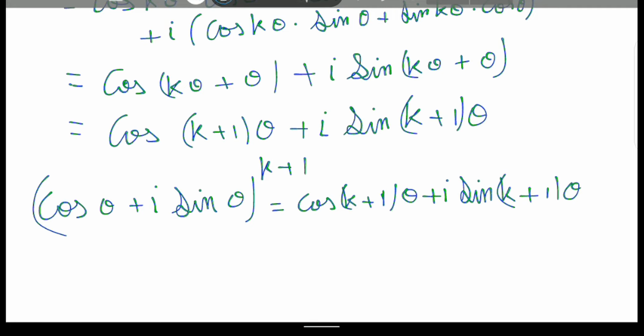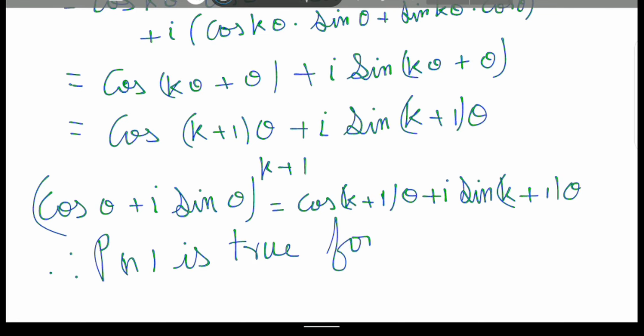So this is exactly what we need to prove for showing that Pk plus 1 is true. In other words, therefore Pn is true for n equal to k plus 1.